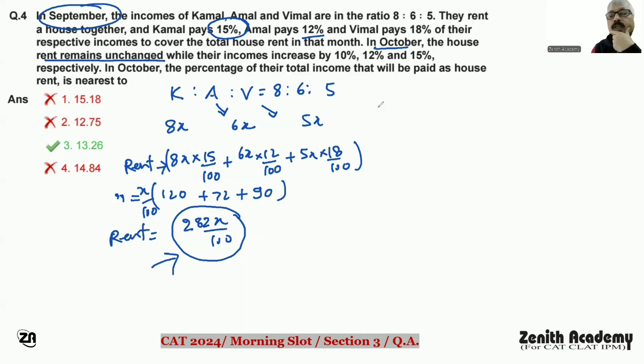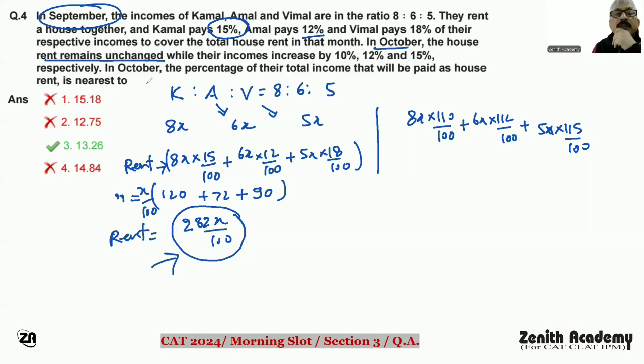So now the new income of Kamal will be 110% of 8x, and here 112% of 6x, and here 115% of 5x.